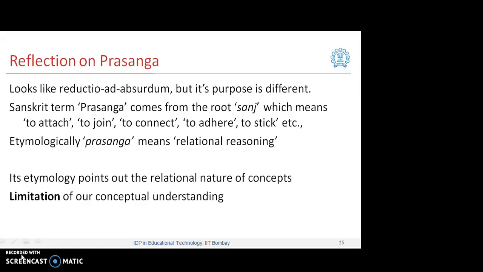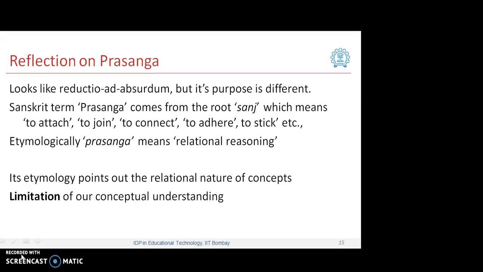This method called Prasanga looks like a reductio ad absurdum argument where we exactly do the same exercise. We show the inconsistency of the premises in an argument by exposing a contradiction involved in them.